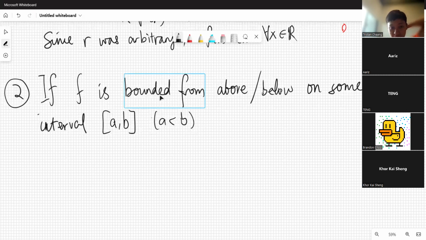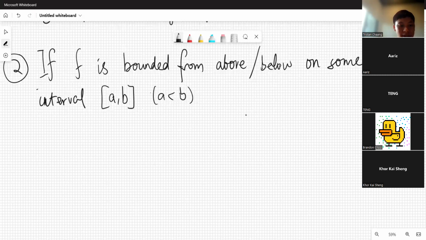So what does it mean when I say bounded from above? It means there's some upper bound, so it won't exceed that number. And when you say bounded from below, it means there's a lower bound. It means you cannot go underneath that number.